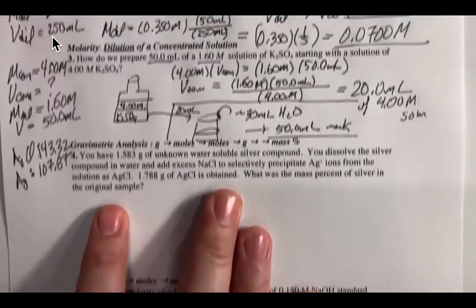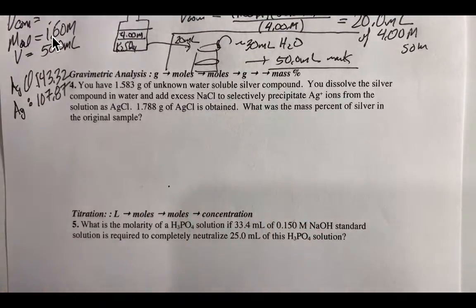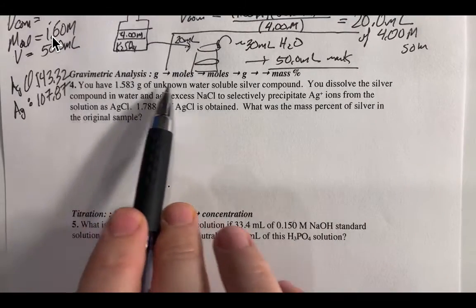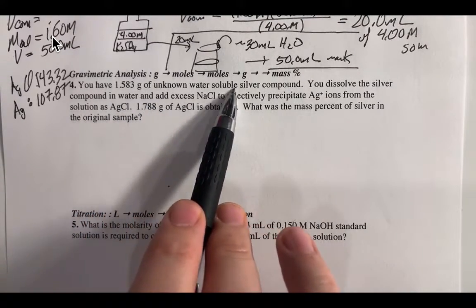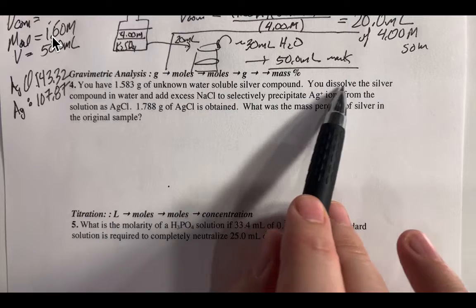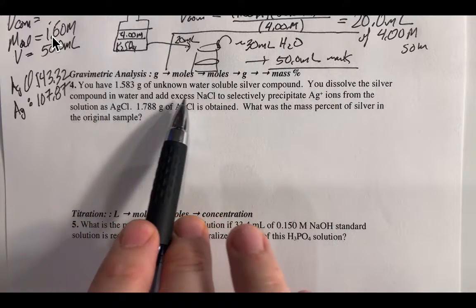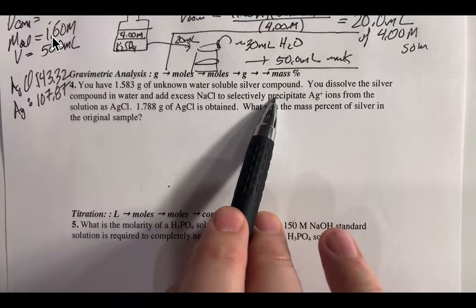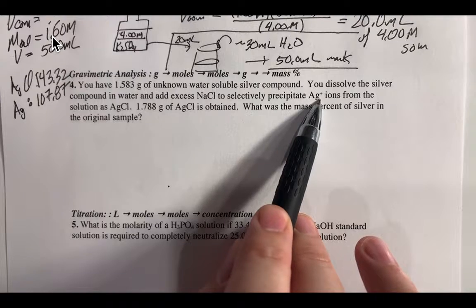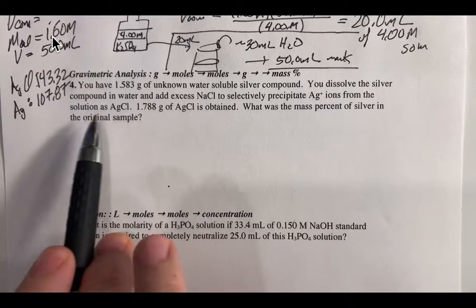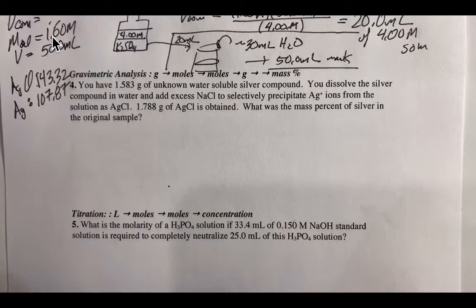All right, now this next problem that we're getting into, problem 4, this is a gravimetric analysis problem. And the first thing that you need to do with this kind of problem is figure out the net ionic equation for what's happening. And so this first sentence, okay, an unknown water-soluble silver compound. You dissolve the silver compound in water, add excess sodium chloride to selectively precipitate the silver ions as silver chloride.